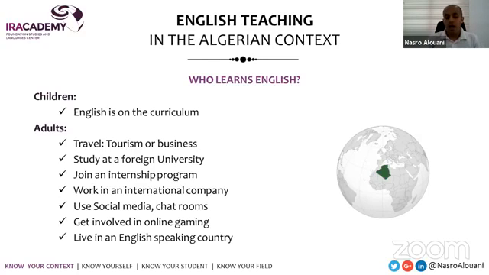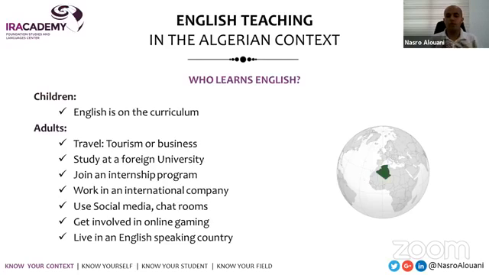So that's here. And for adults, we have various aspects or various reasons. The first one is traveling, whether it's tourism or business, English is required. The second reason is studying at a foreign university. It's always one of the criteria.